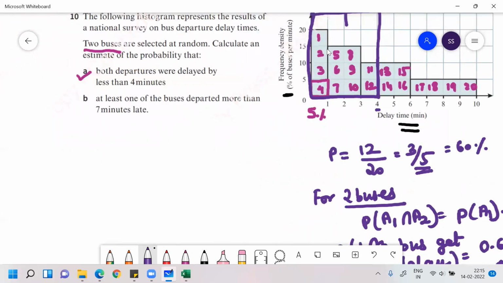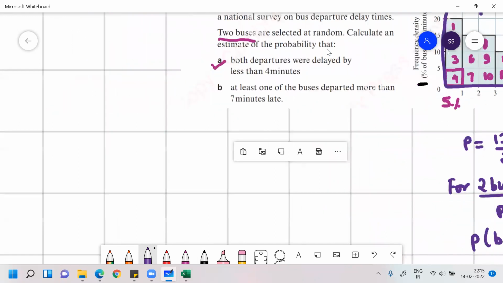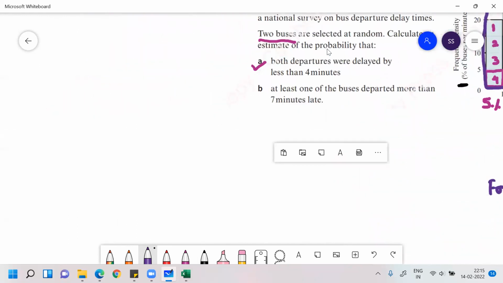Now the next question is about the scenario where at least one of the buses gets delayed by more than 7 minutes. Two buses are there. What can happen with the two buses? The first bus gets delayed and the second bus reaches on time. Or the first bus reaches on time and the second bus gets delayed. Or both buses get delayed, or both buses reach on time.